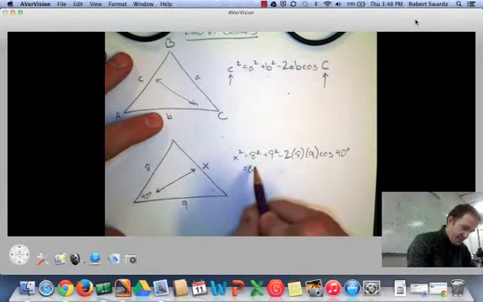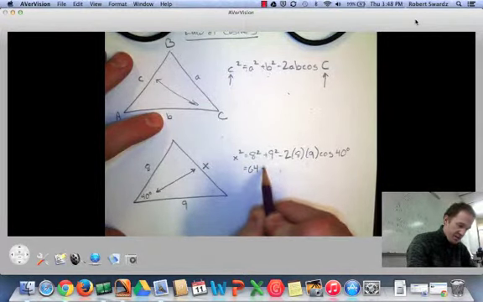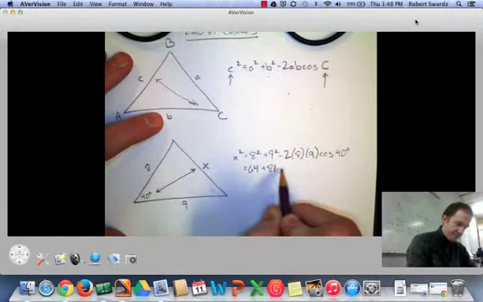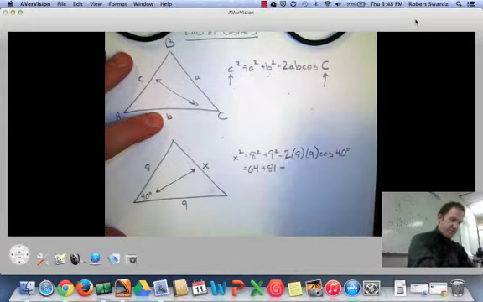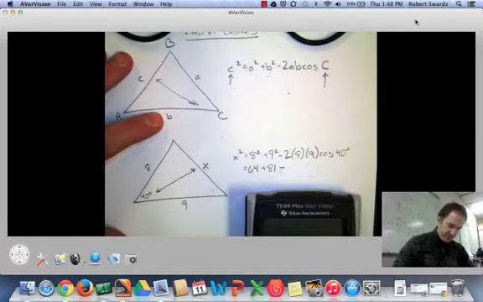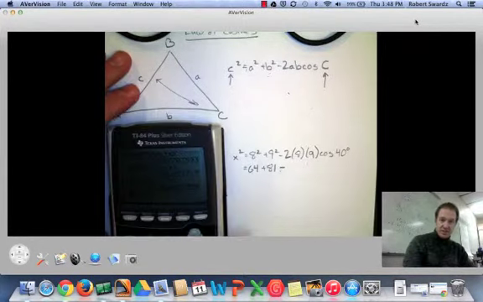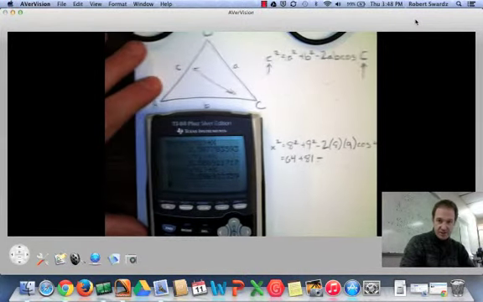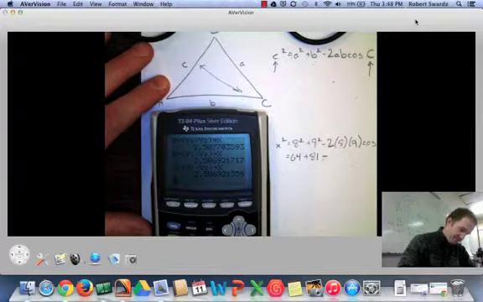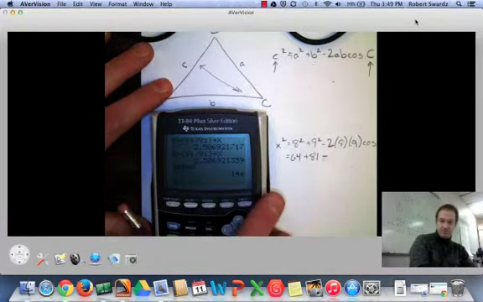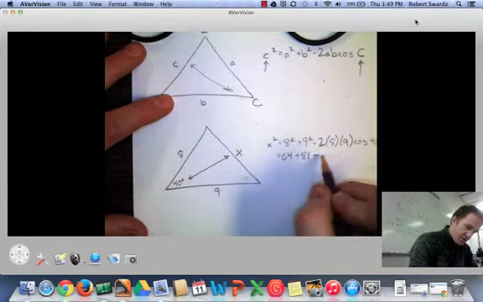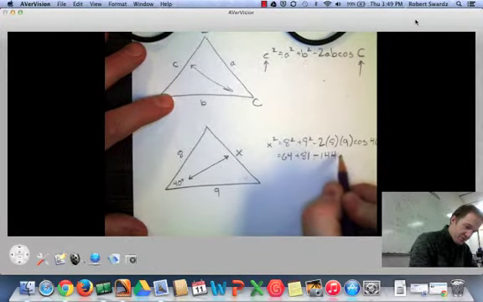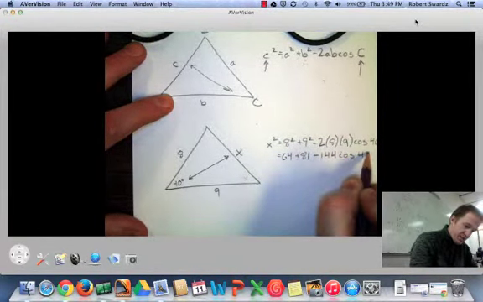So 8 squared is 64. 9 squared is 81. 2 times 8, boy, I might need a calculator for this one. Let's see, we wanted to do 2 times 8 times 9. 144. So minus 144 cosine of 40 degrees.